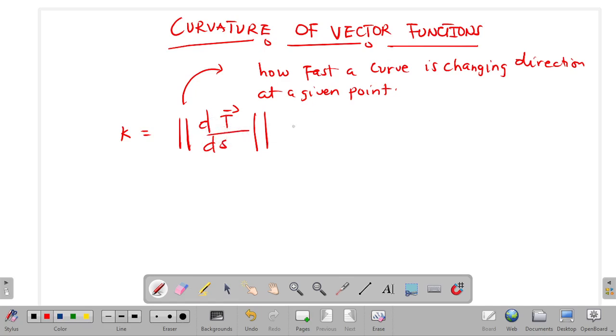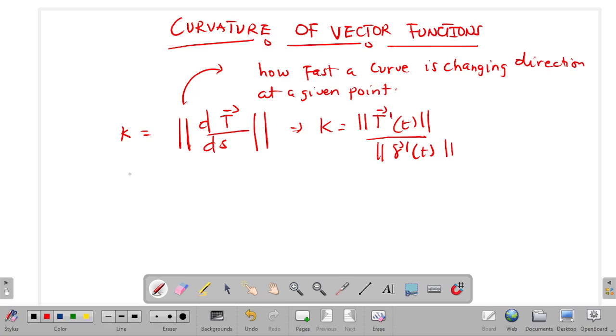This is a generic one, but it has been simplified so that you can easily apply it: the length of the tangent vector prime, or derivative of the tangent vector T, over the length of the derivative of the vector function, r prime. As simple as that. So it's either use this or this, but this one is preferable in most situations.